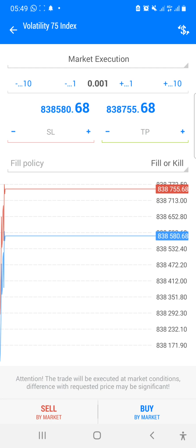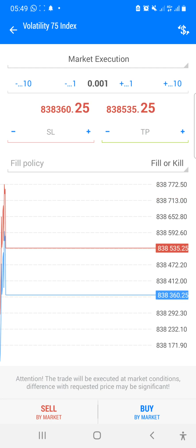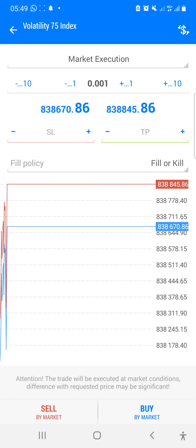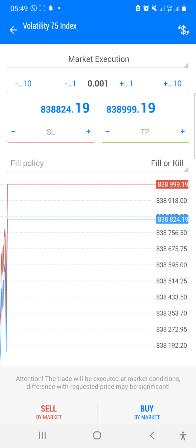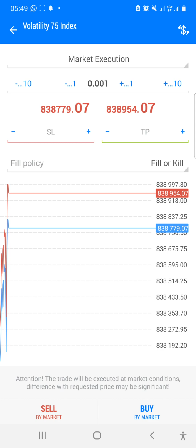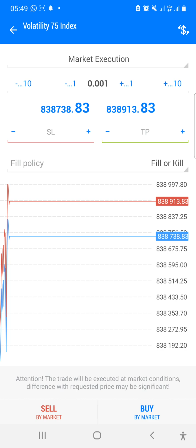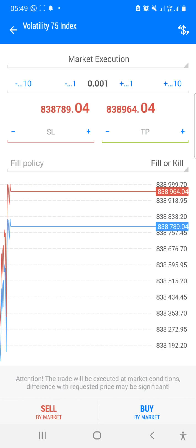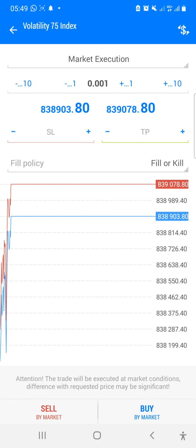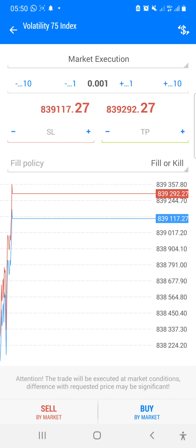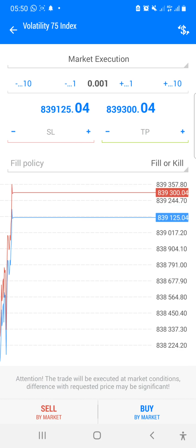Which means that if you are using 0.001 lot size, it is rated as 0.01 lot size, dollar per pip. So for, let's say, a 600 pip trade, it will be 600 times 0.01, which is about $6, and then you'll be gaining 6 times 5, you'll be gaining $30.